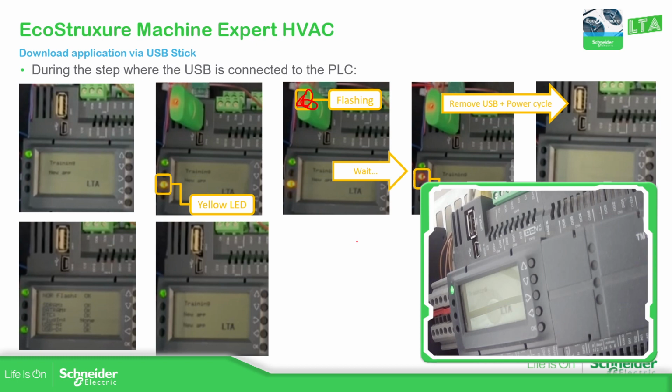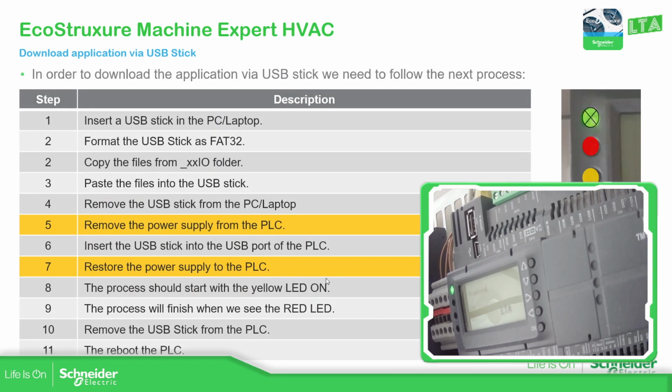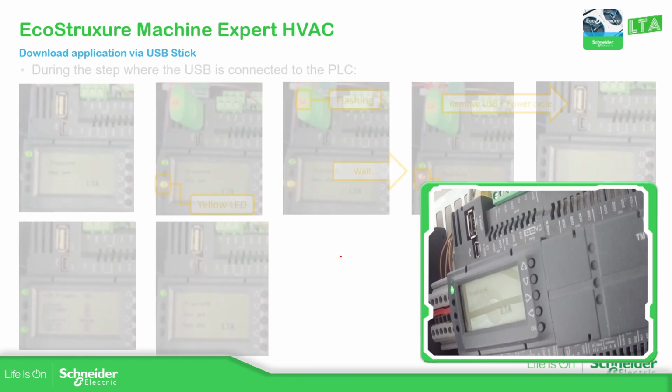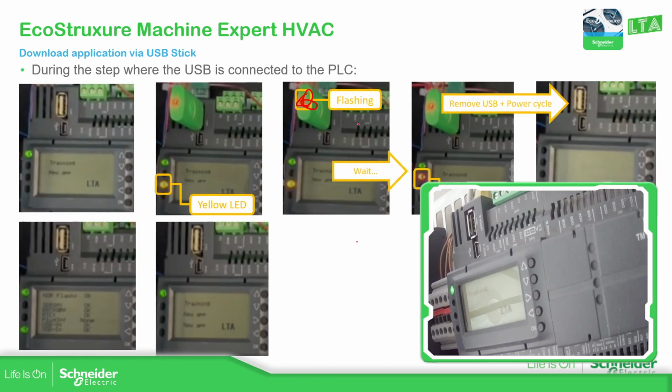So here, I believe it's green. With the red one, based on what you saw. Okay. Maybe because I was using a different firmware, but now you can see there is only one LTA and I have updated the application.